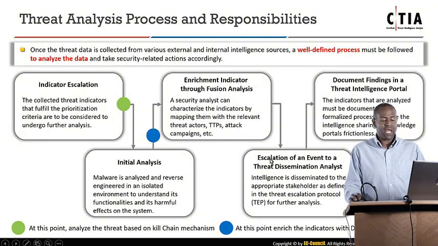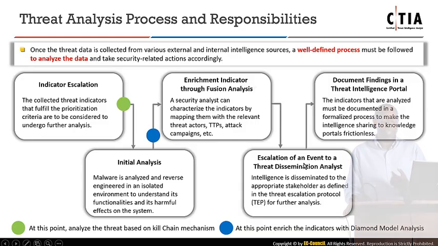And then from there, we're going to have an escalation of a specific event to a threat dissemination analyst. So the intelligence is disseminated to whoever it is, the appropriate stakeholder that we've already defined in our threat escalation protocol, or the TEP, for further analysis, right?